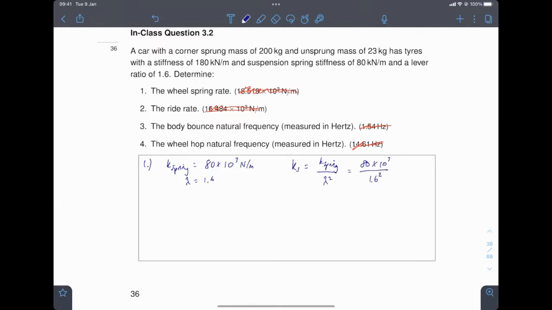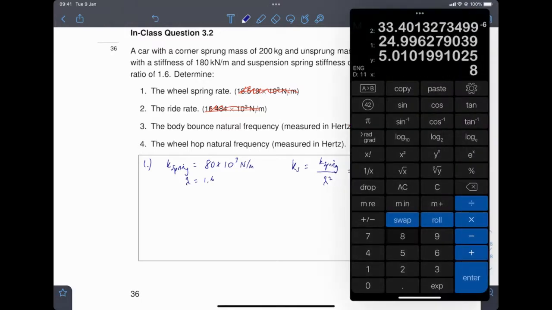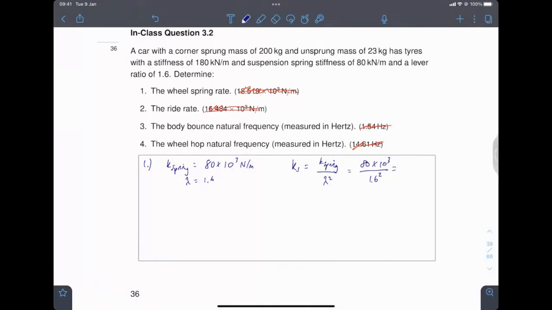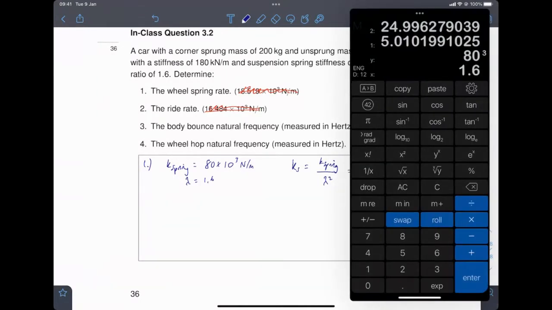We need to square that and then divide by.